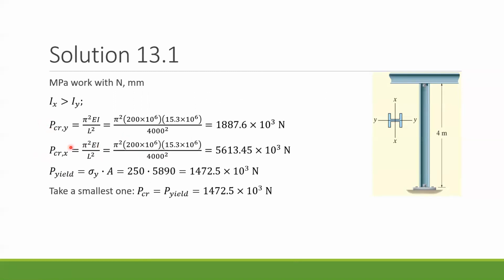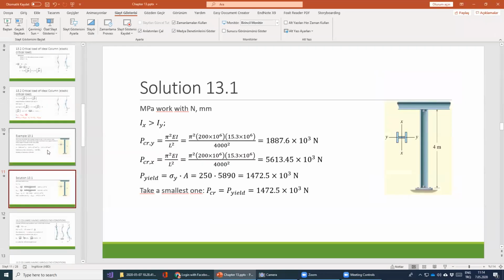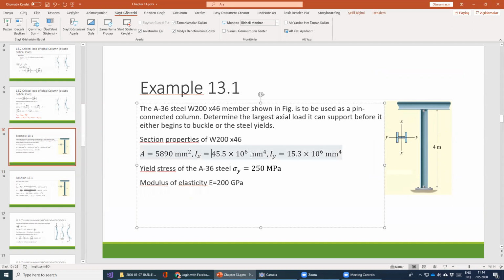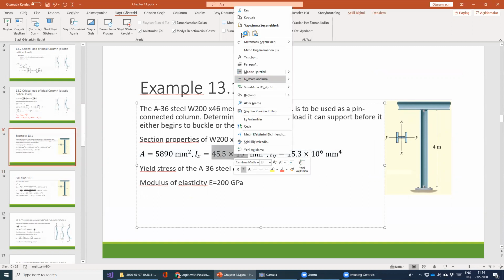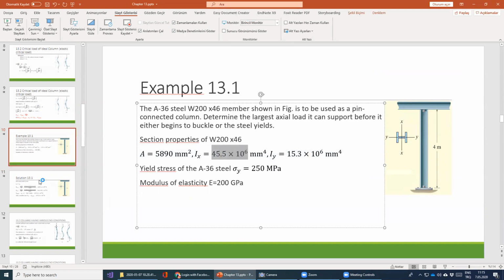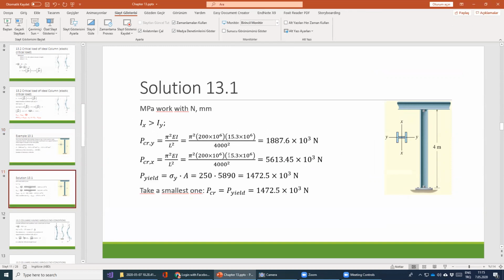It's easy to see P critical Y is smaller than P critical X because of Iy. I'm sorry, I miswrote here. Actually, I need to finish my slideshow. I put the same value; I need to correct it. This should not be like this value.